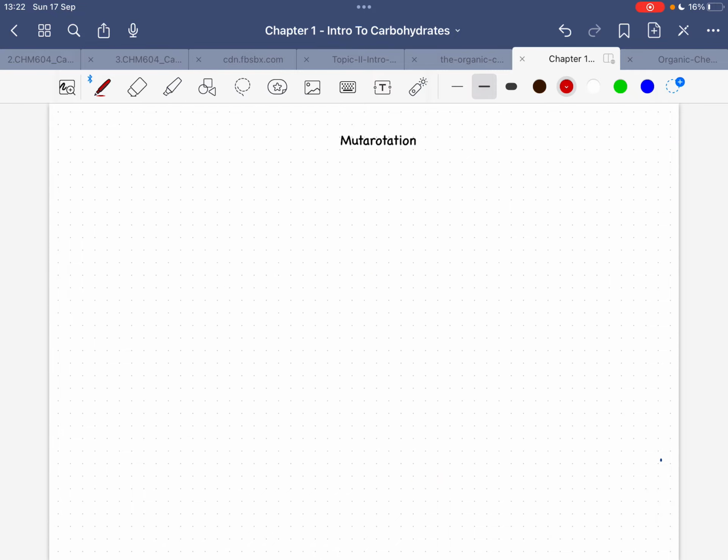Okay. So here, to simply describe the mutarotation phenomenon, suppose you have a straight chain sugar. So this will adopt a cyclic-like structure, right?